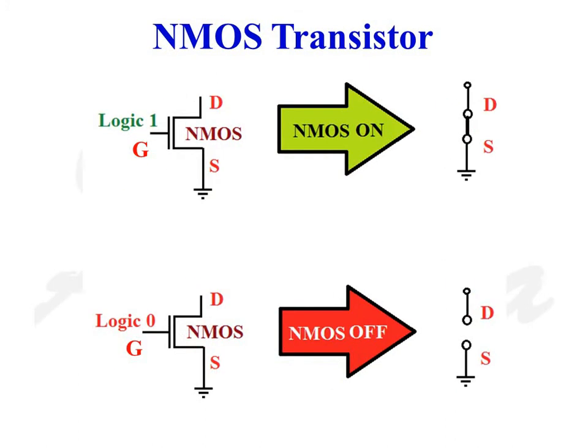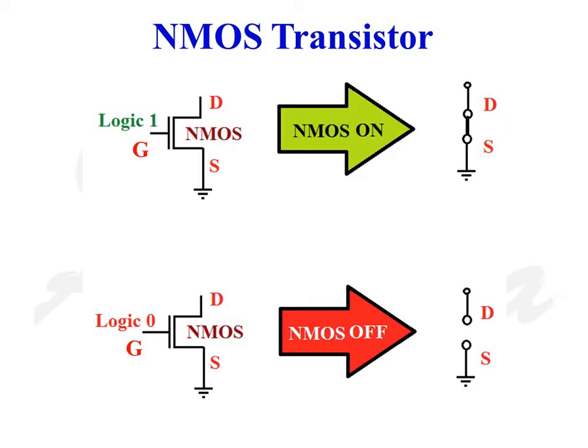In the case of an NMOS transistor, when the gate of an NMOS transistor is at logic 1, the NMOS transistor is in the on condition and maximum current flows from drain to source as resistance between drain and source is equal to 0.